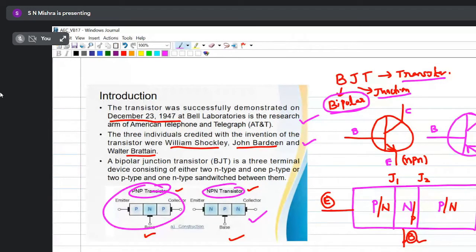In a transistor you get two types of current, one due to majority carriers and one due to minority carriers, or I can say electrons and holes both are responsible for current conduction. So two types of charge carriers contribute to the current in a transistor, that's why it is called a bipolar junction transistor.